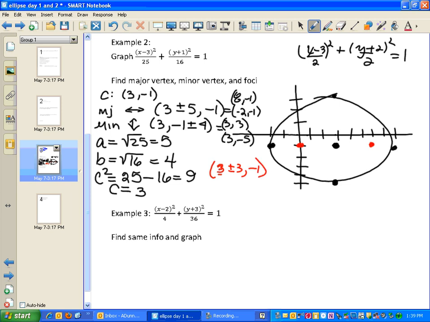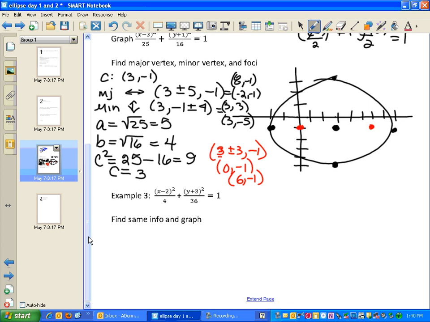So that's why we get 0, -1, and 6, -1. We want all the coordinates. Okay. Make sense? We okay? Yeah.